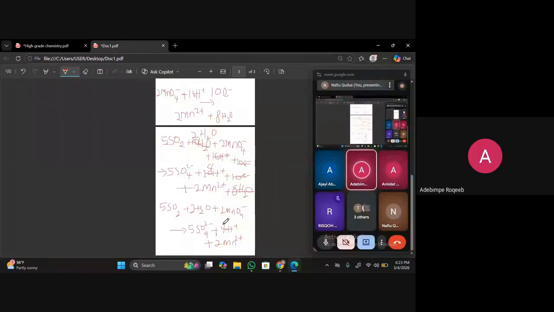So I think the equation has been balanced. Let's check if the equation has been balanced. How many sulfur do we have here? 5.